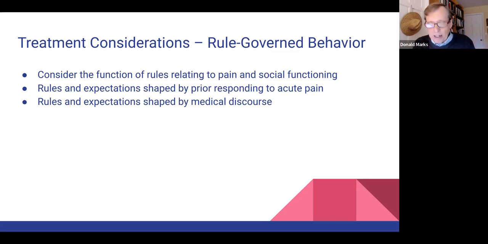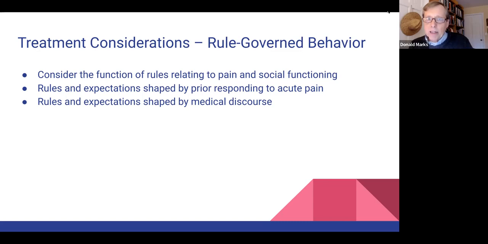Some of you may have had some exposure to acceptance and commitment therapy, that it's predicated on a theory of language, which is known as relational frame theory. And at least a lot of the interesting work that's been done with relational frame theory from the standpoint of clinical application has focused on rule-governed behavior.